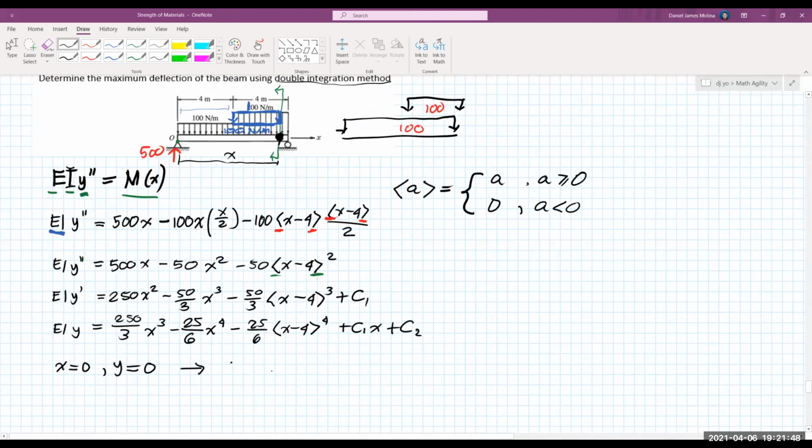From there, we can solve for C2 that is equal to 0. Okay, you can do that on your own. It's actually algebra. Next, at the rightmost support, that is at x equal to 8, the deflection or y is also 0 since it's a roller. So we can solve for C1 there, that is actually negative 9,200 over 3.